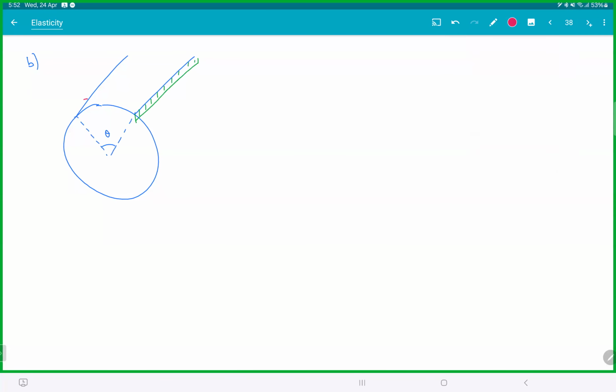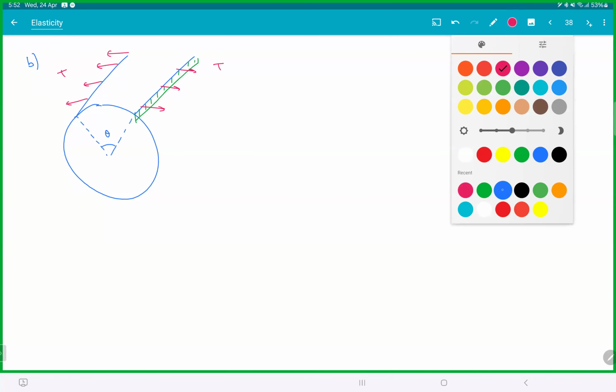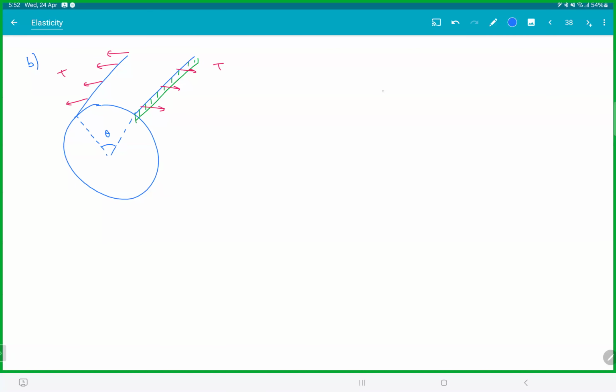The tension is acting on this entire section here, T. This is the tension acting here. If I try to show you the side view, we have a cross section like this.